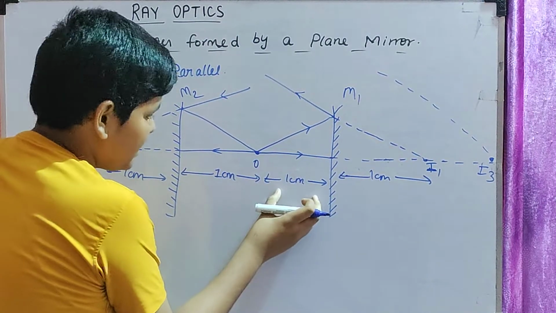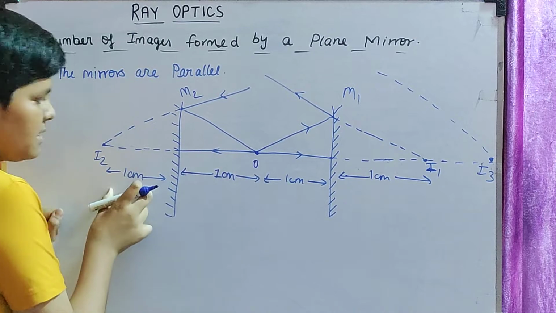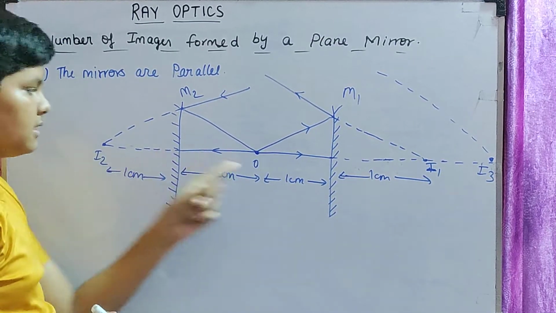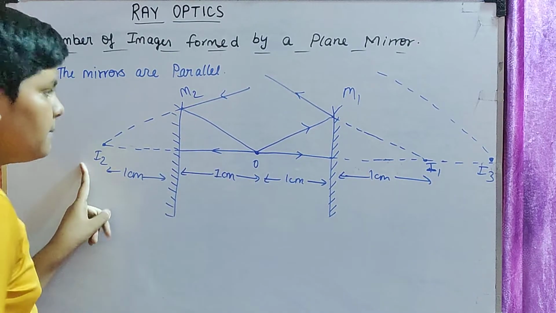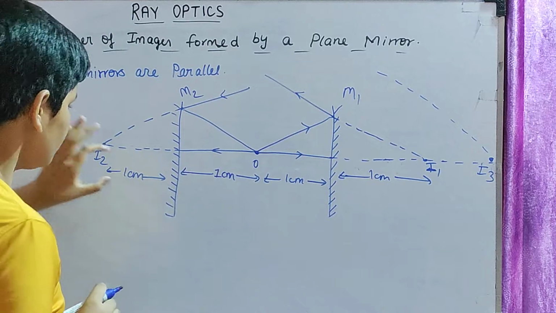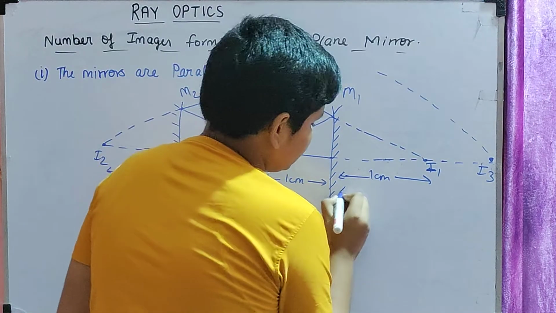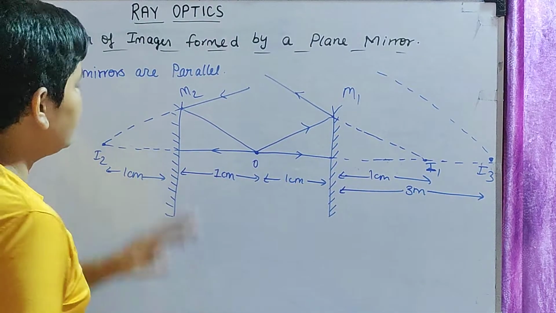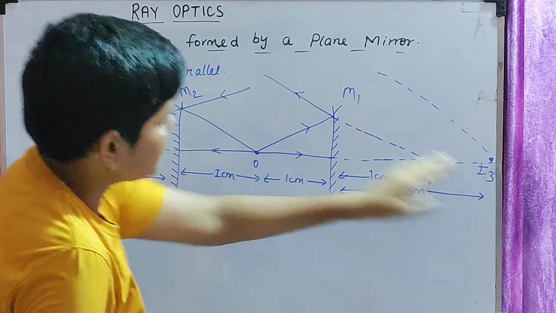What is the distance from I3 to I2? It is 1 centimeter plus 1 centimeter plus 1 centimeter. Why? Because of the object distance. Here the object is this, this is not the object. The second image forms as the object for the first mirror over here. So 1 plus 1 plus 1 is equal to 3 centimeter. Now similarly, this mirror forms the image of this side.